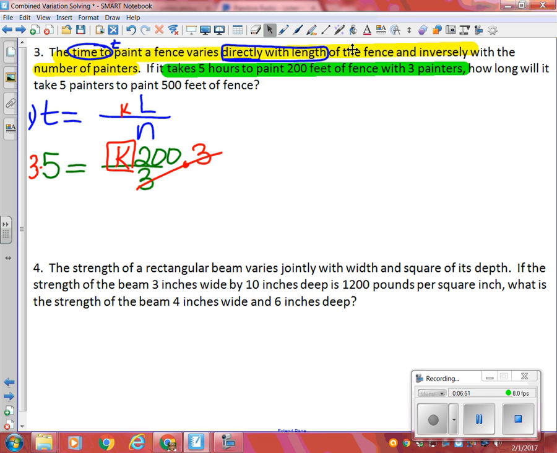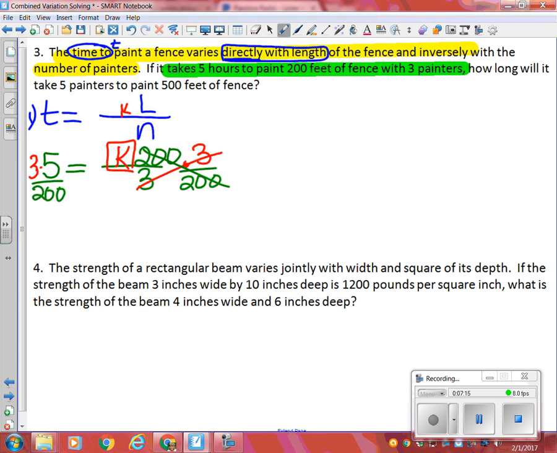After that, it's also K times 200, because 200 dropped beside K means times. The opposite of times is divide by 200, so I'm going to divide by 200. Now the 200s cancel. Really and truly what I ended up doing is multiplying by the reciprocal, or flipping my fraction and multiplying the other side by that same flipped fraction.